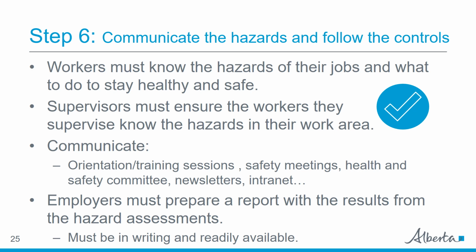Some effective methods may include worker orientation or training sessions, worker mentorship programs, talking about the hazards and the controls during safety meetings, using regular internal communications channels such as your health and safety committee or representative, newsletters, or intranet forums.